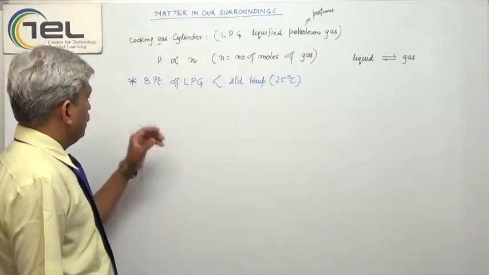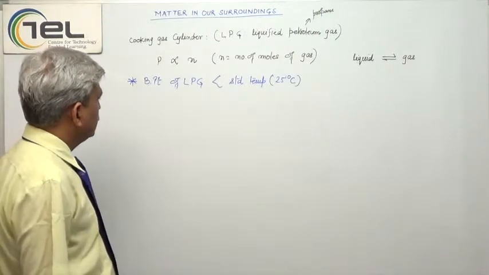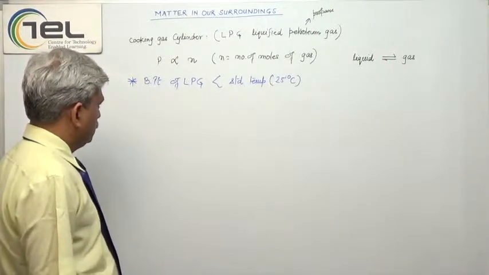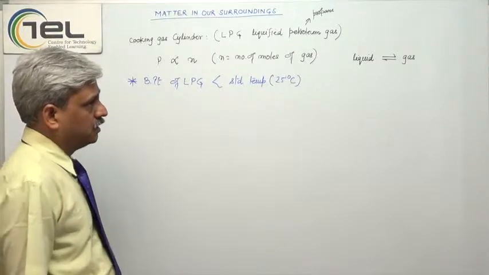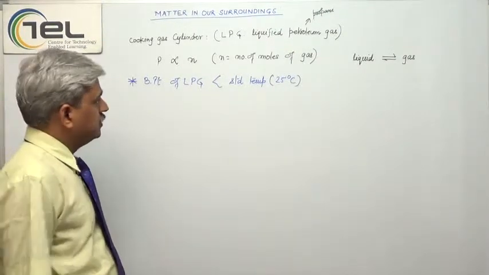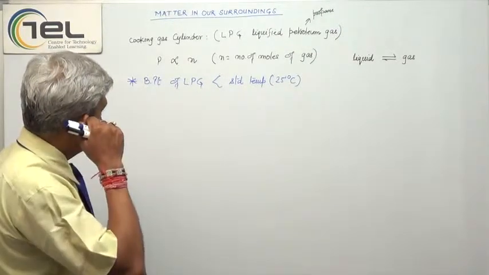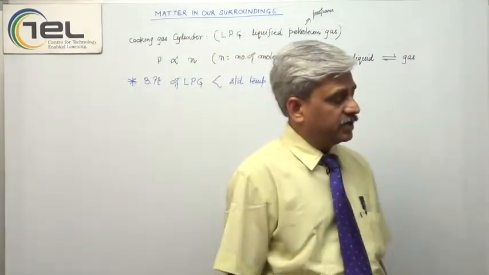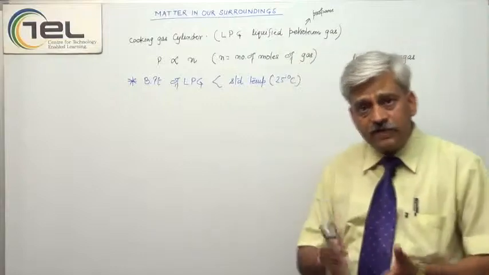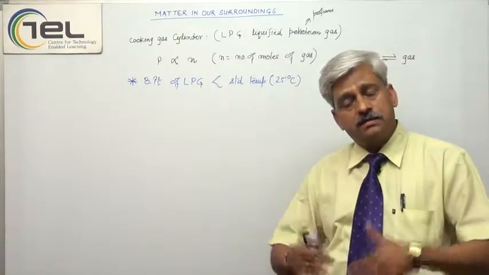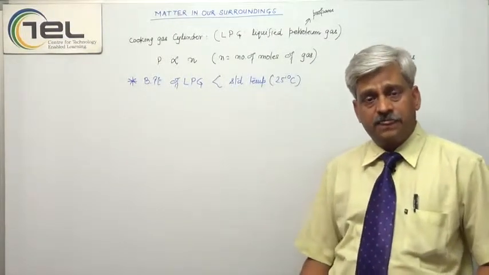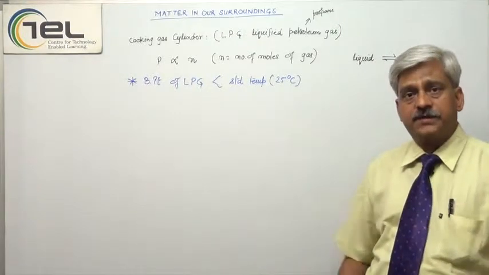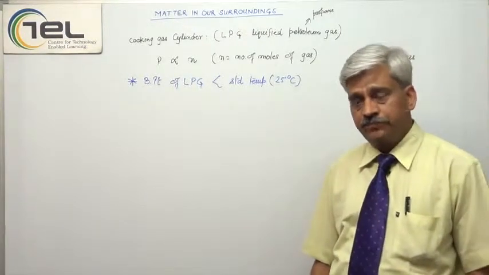Now, as the gas is used, in between the cylinder is supposed to be empty, but in fact because of this feature the liquefied gas inside the cylinder converts into the gaseous state and it exerts pressure on the boundaries.